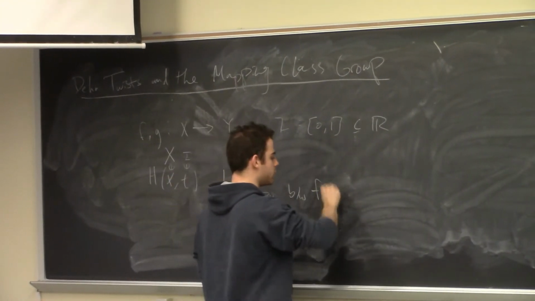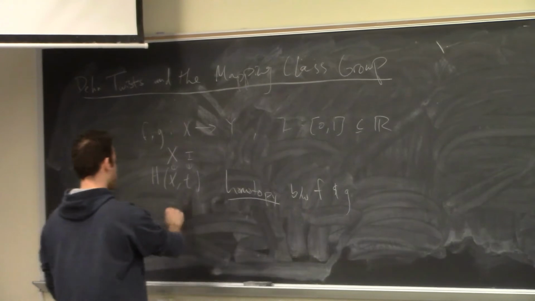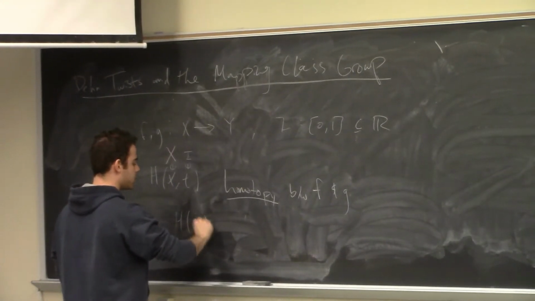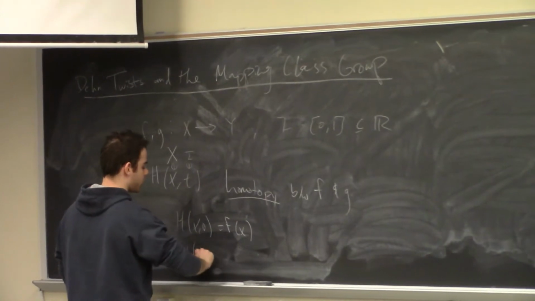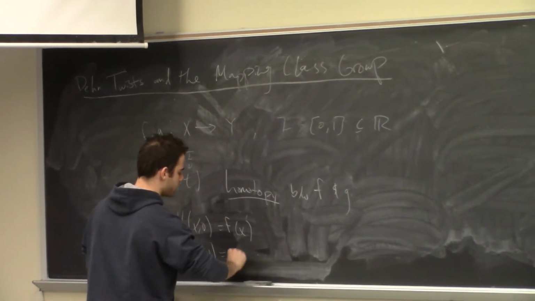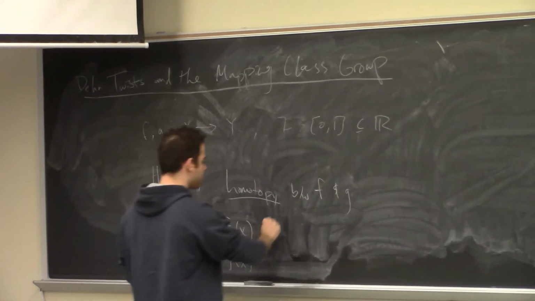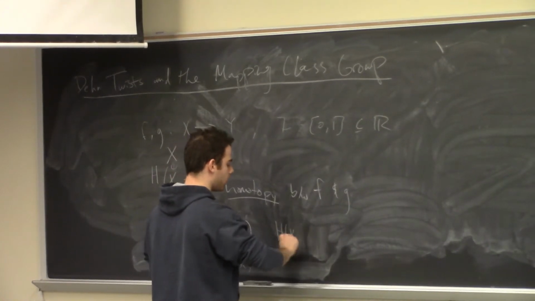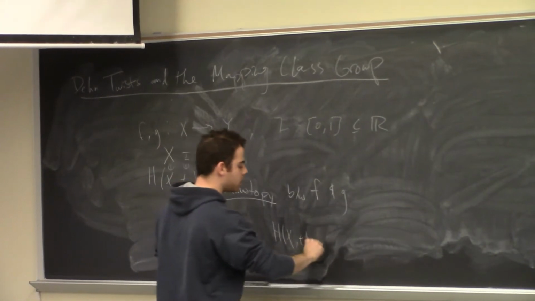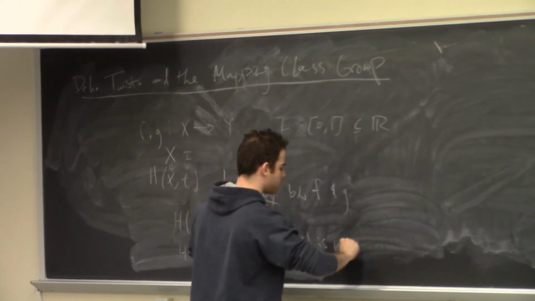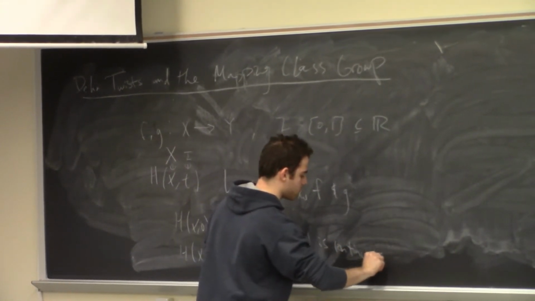between f and g if a few things hold. We want h(x, 0) to be f(x). We want h(x, 1) to be g(x). And sort of just by construction, each h(x, t) is continuous, right?